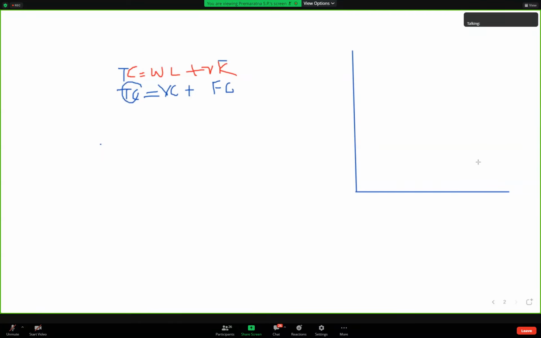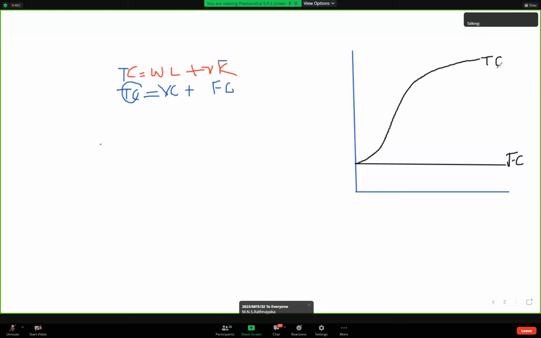You can see the shape of the curve, because the fixed cost is fixed in the short run. So the cost curve is like this, and the difference here is the fixed cost.